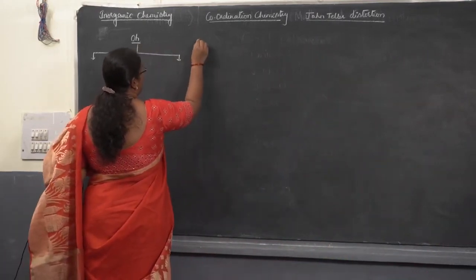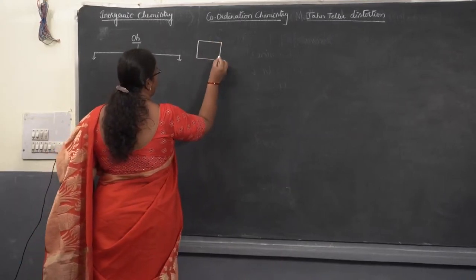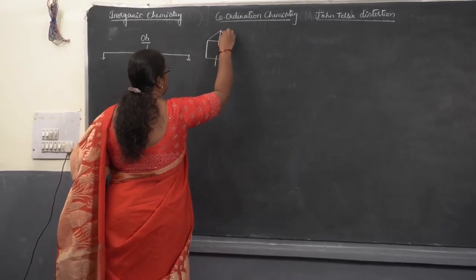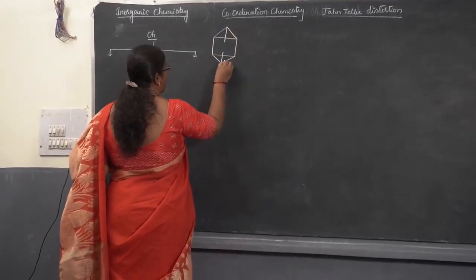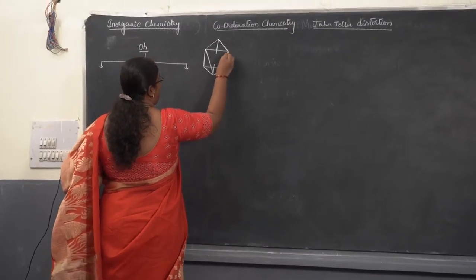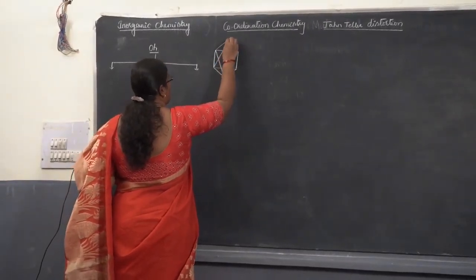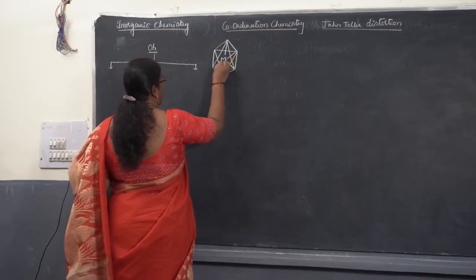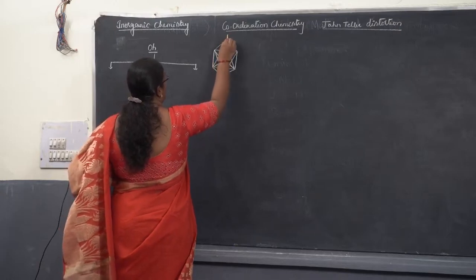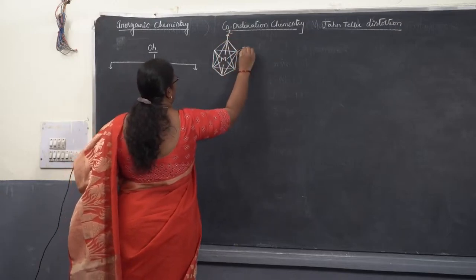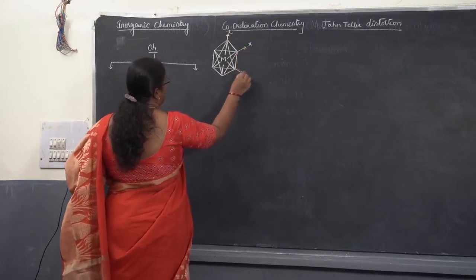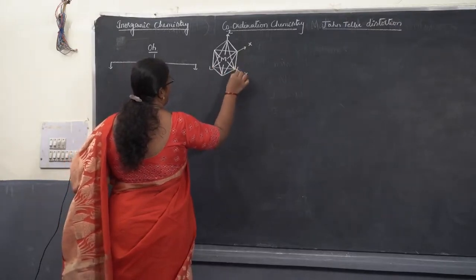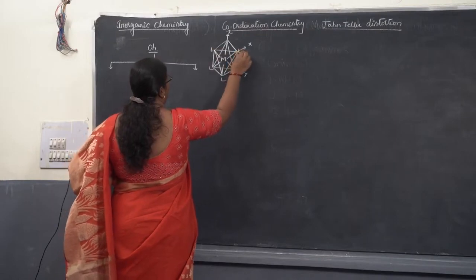So when we see the octahedral geometry, where do we have the C4 axis? So this is Z axis, this is X axis, and this is Y axis, and on the corners of the octahedron, we have the 6 ligands.